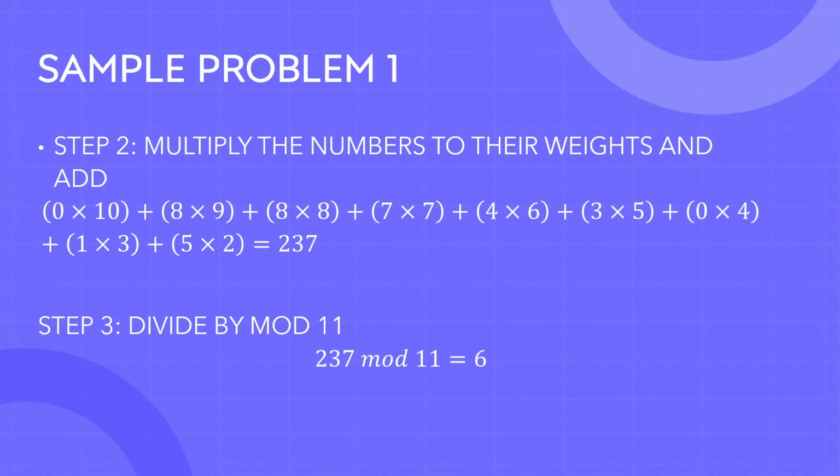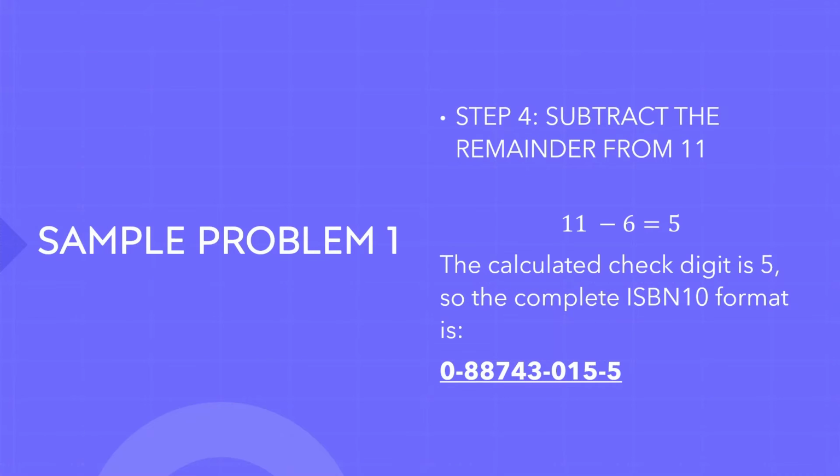And that 237 will be divided by mod 11, which gives us a remainder of 6. So this 6 will be subtracted from 11, which gives us 5. So the calculated check digit is 5. So the complete ISBN 10 format is 088743015 and 5.